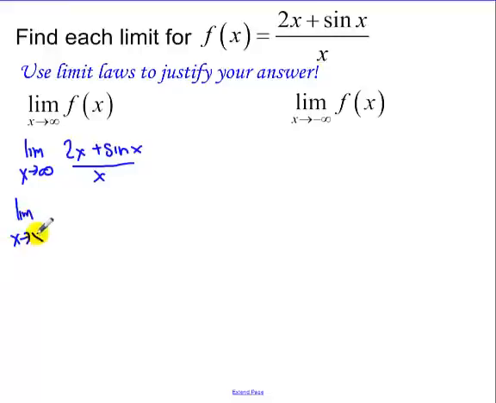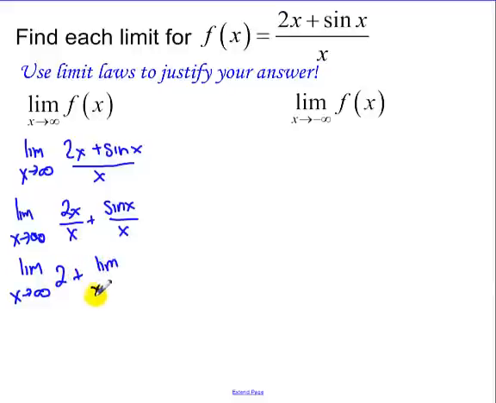What I mean by that is you can separate this out into 2x over x plus the sine of x over x, and then do each one of these limits individually. The limit as x goes to infinity of 2 is 2. We found this limit on the last page to be 0. So we are at 2.